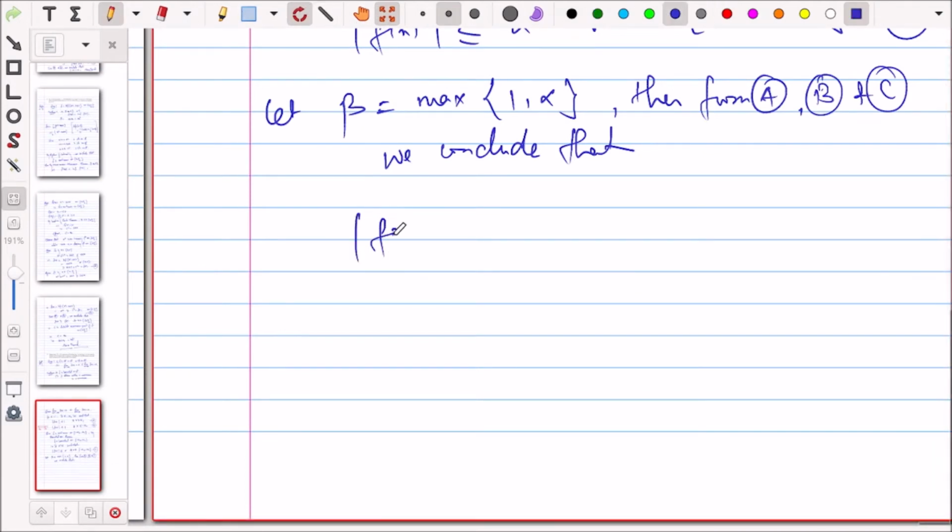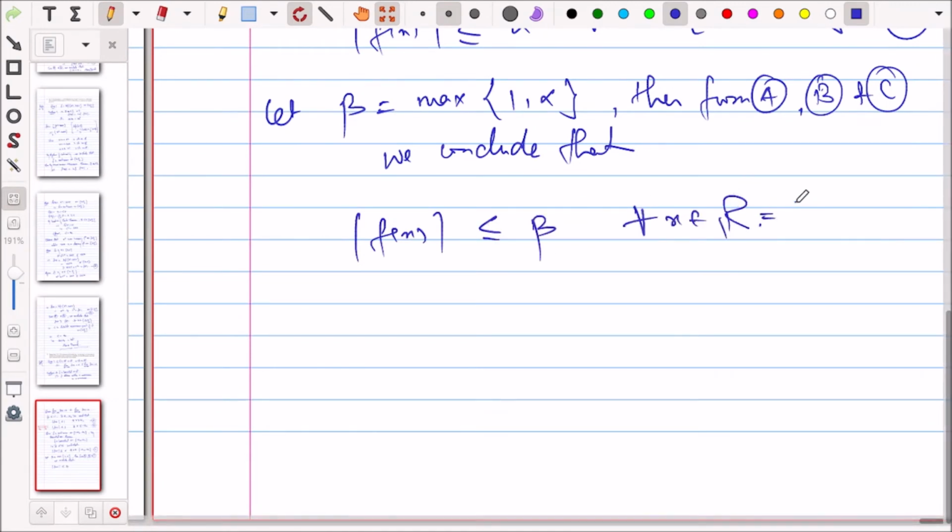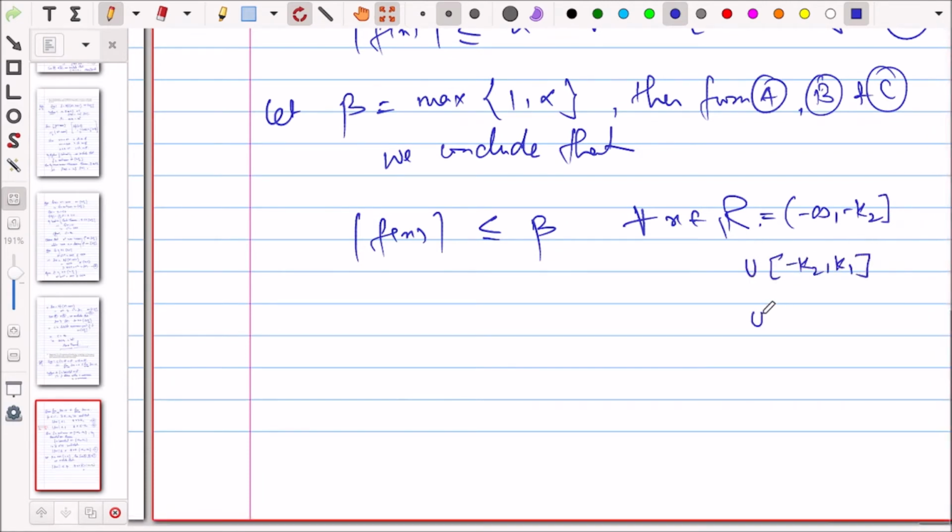So we conclude that modulus of f x is less than or equal to beta for all x belonging to R, because R is nothing but minus infinity to minus k2 union minus k2 to k1 union k1 to infinity. So we are able to prove it.